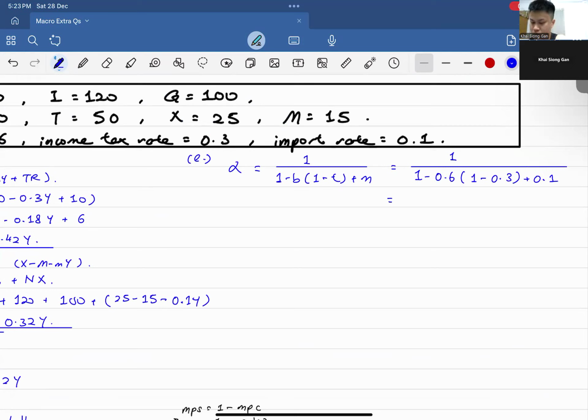Then you put that into your calculator. You will be able to get 1.47.